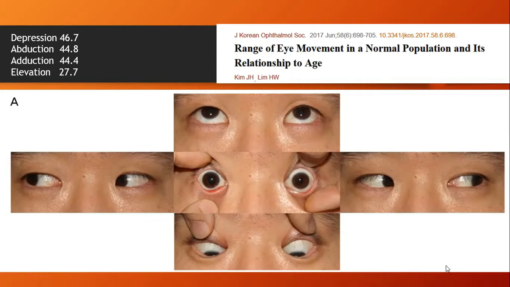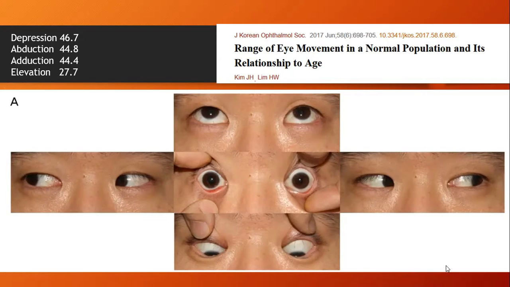So the maximum movement is in depression, followed by abduction, and then adduction, and then elevation, which sometimes they call luxurious. We don't need a lot of elevation, especially when we grow older. Children need elevation because they are shorter than most people.